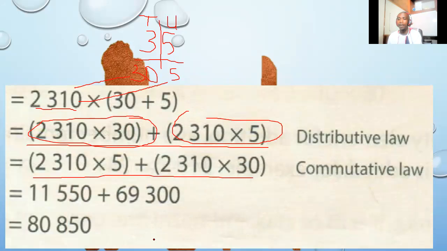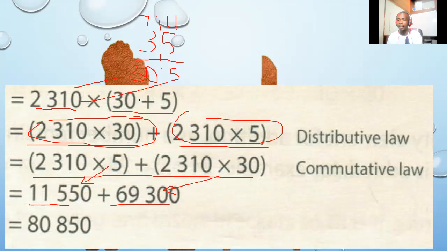However, now this figure that we have and this one, we have taken them from this commutative law. This one is for 2,310 times 30, we get 69,300. Then 2,310 times 5 is 11,550.